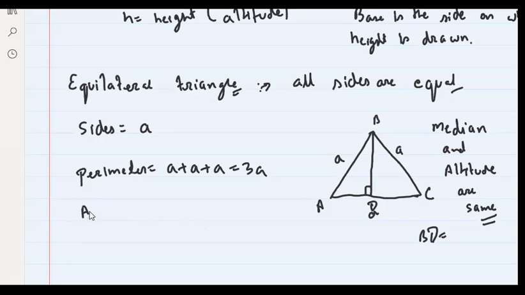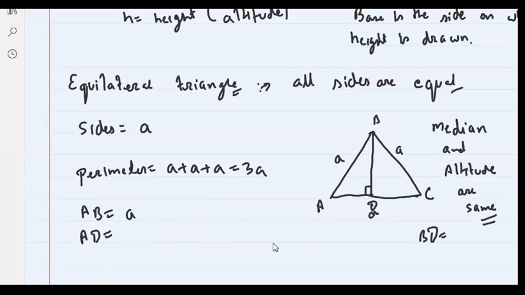What is the length of AB? I've already given you. A. Very good, everyone. Now, AD. What is the length of AD? If BD is median, D is a midpoint.